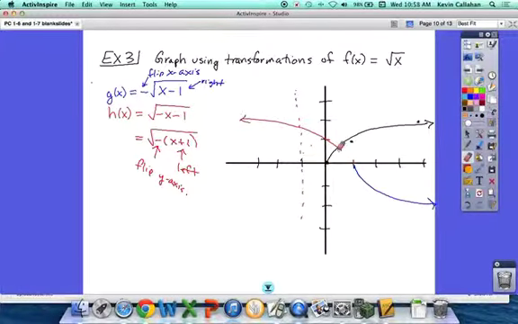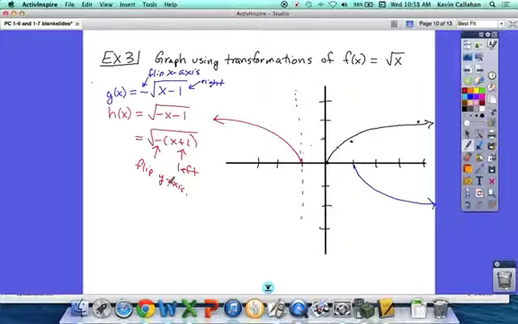Watch. Right. So we said if it was like that and you flipped it, it would be like that. Now let's make sure we've got the right points. When I put in negative 1, negative 1 plus 1 is 0. Square root of 0 is 0. So that's starting at the right place. So I made a mistake there.